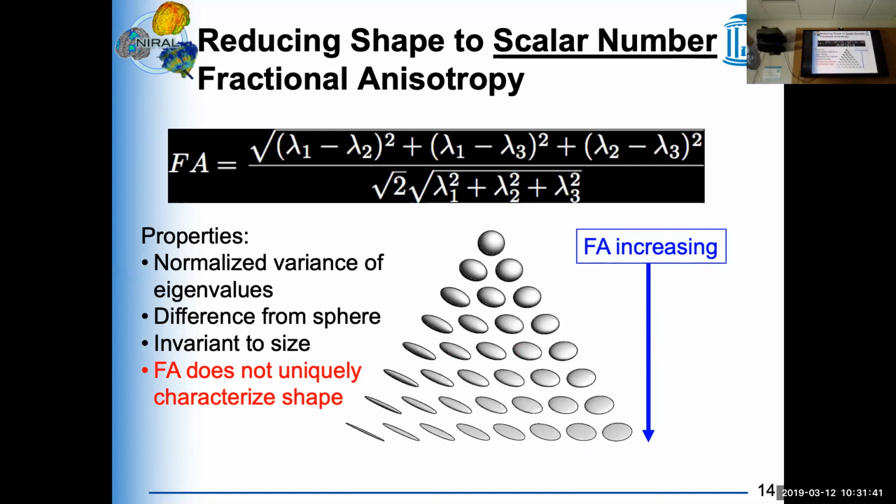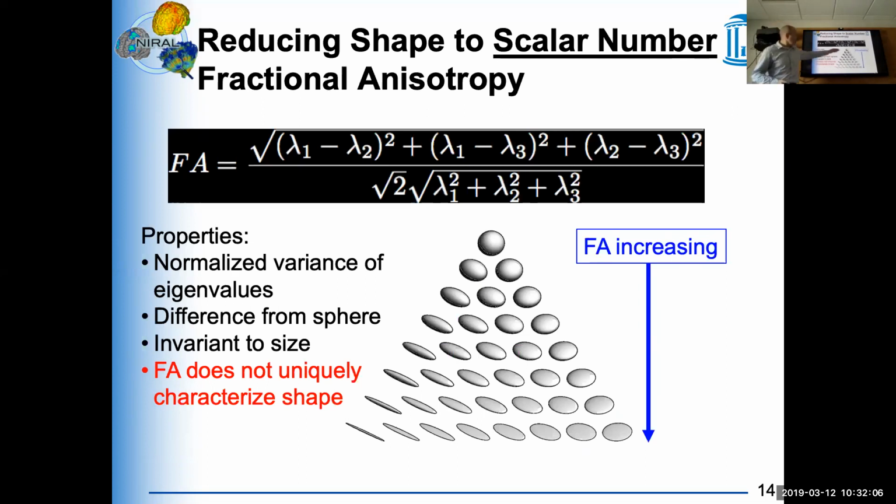So an isotropic situation is going to be 0. That's what you see here at the top of this pyramid. If you have uniform diffusion, FA is 0.